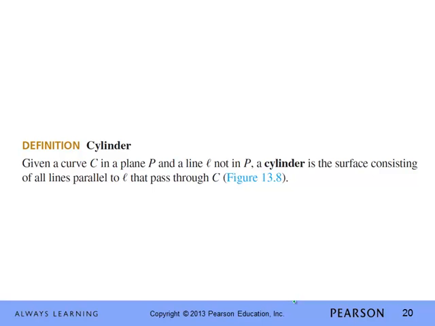And then imagine that we've got some line that comes up through that curve at whatever angle. So you've got a curve and a line that goes through that curve. And then imagine the infinite collection of all the other lines in 3-dimensional space that are parallel with that one line that goes through that curve. And the result is a cylinder.